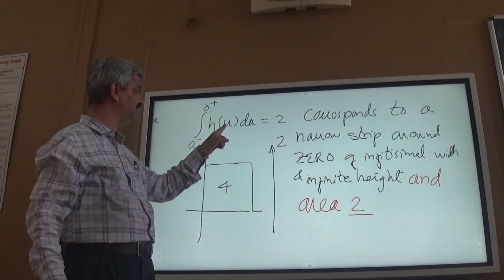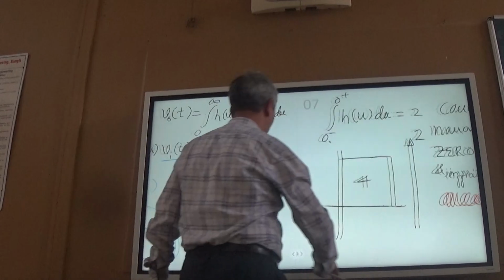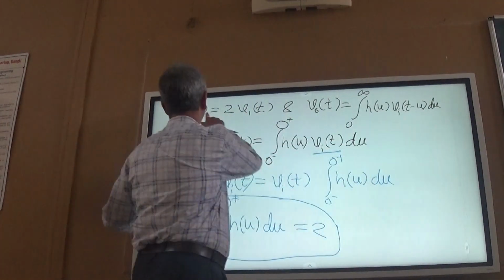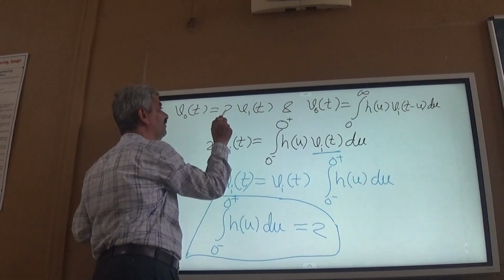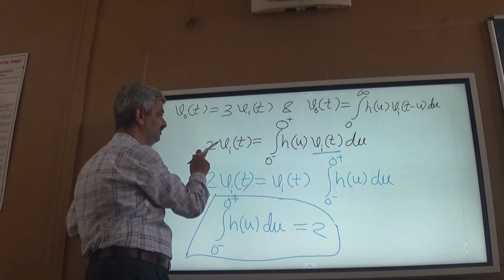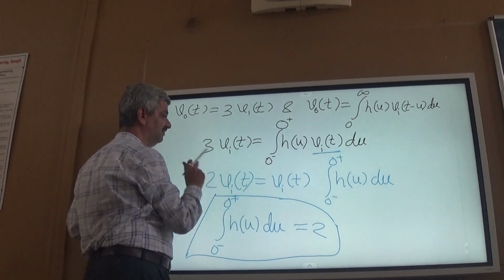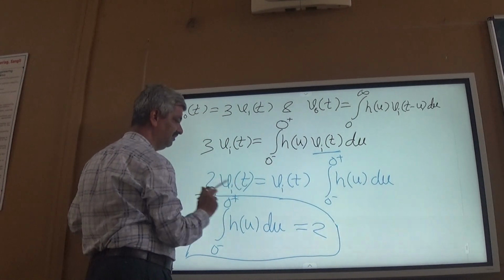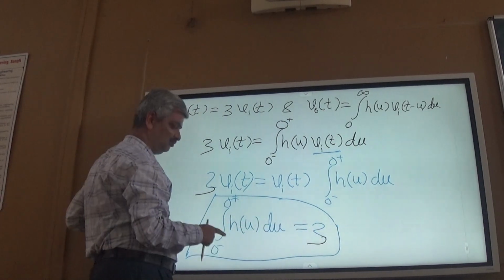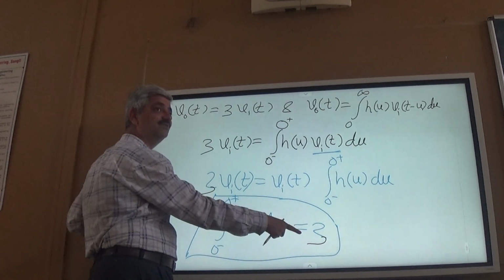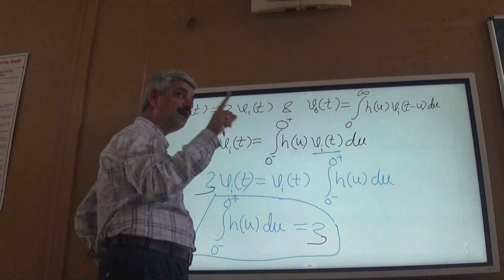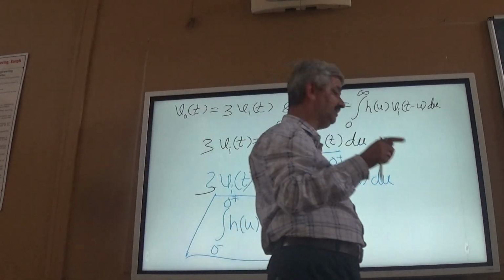If I had started with the function v(t) equal to 3 x(t), then this would have been 3, this would have been 3. So the area would be 3.